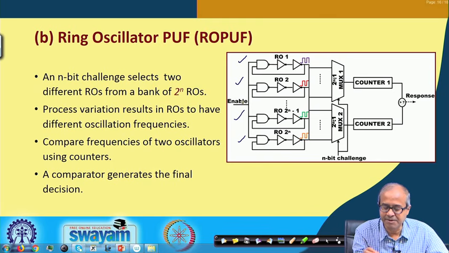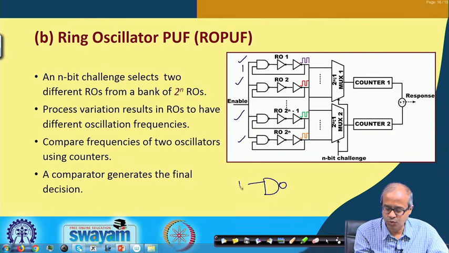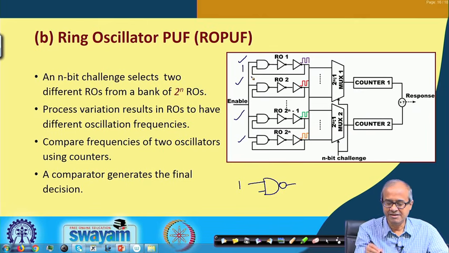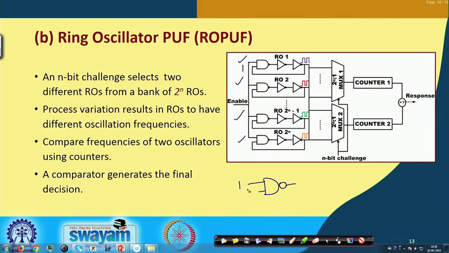Now, if it is enabled, if the enable line is 1, if we feed a 1 here, say a NAND gate with one of the inputs 1 is equivalent to a NOT gate. So, if enable is 1, then this becomes a NOT gate, it is a ring oscillator. If the enable is 0, then the output will be a steady 1, it will stop oscillating, right. This is how it works.